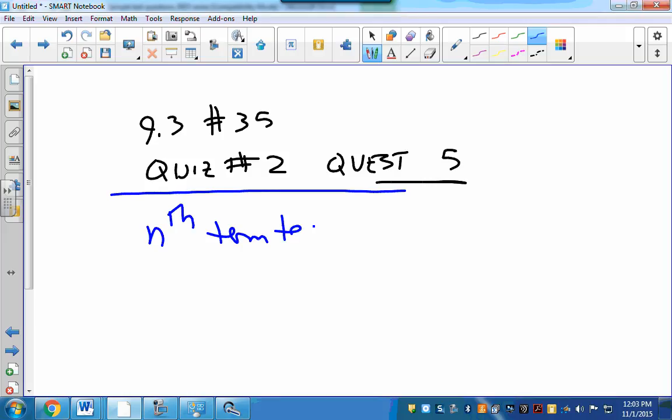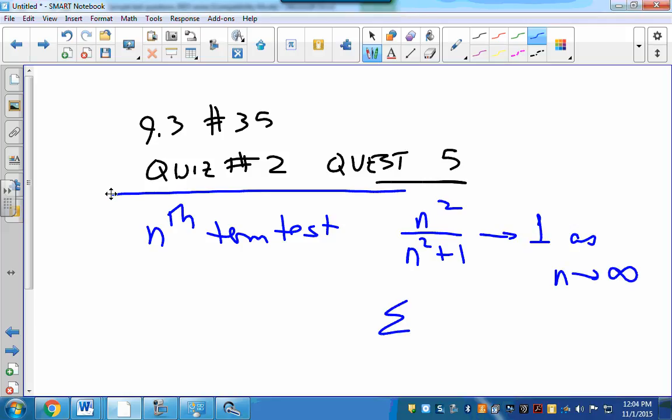And certainly if you have an n squared and an n squared plus 1, that's going to go to 1 as n gets really big. So that automatically says any series of that ilk, n squared over n squared plus 1, must diverge. So the nth term test for divergence, you'll see a question like that.